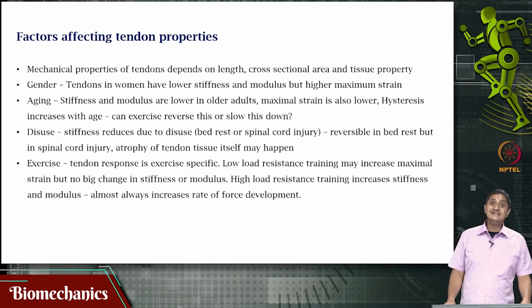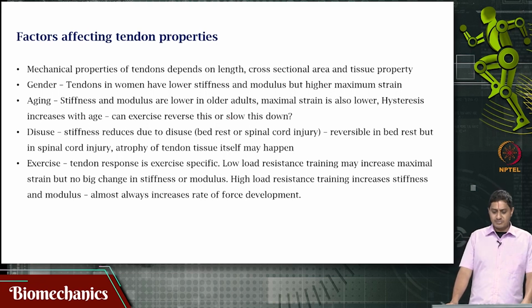Then the other one is disuse. What happens when a person is bedridden, when a person is asked to be in bed rest for a long time? In this case, stiffness and modulus reduce, but as the person recovers from bed rest and starts using the tendons more, starts using the body more, starts making movements, there is an improvement in the properties of tendons.